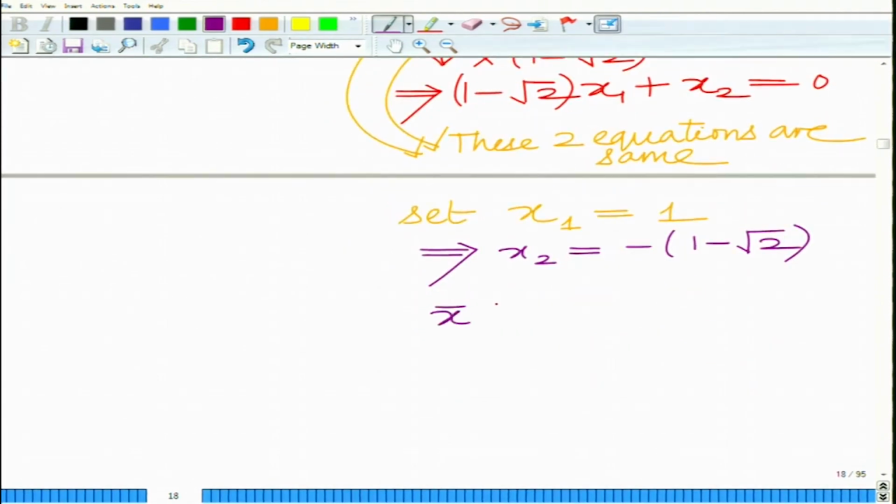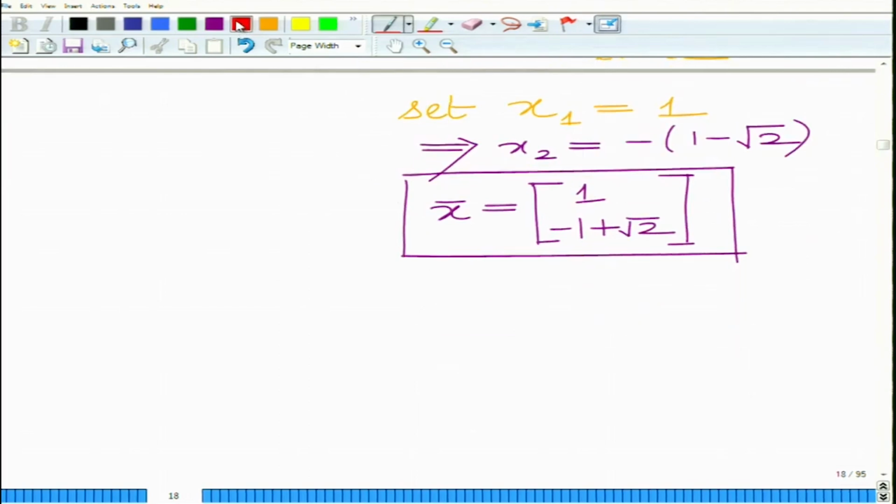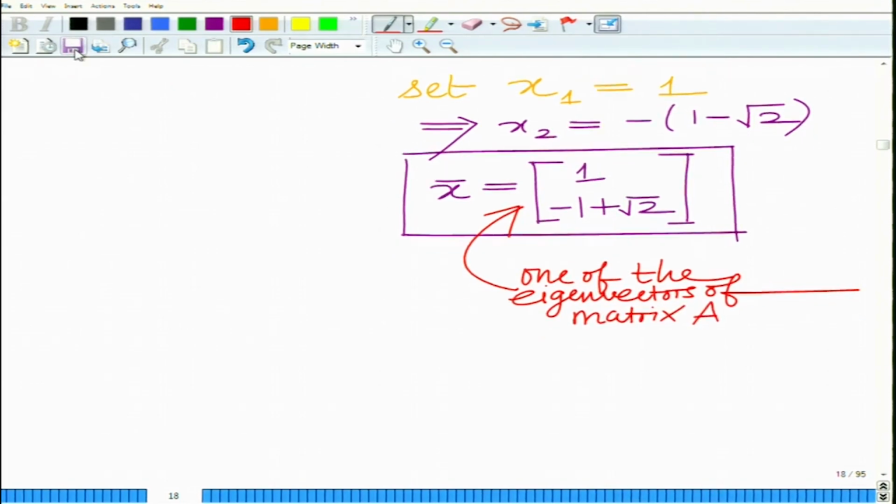That is, if you look at x bar equals x1 x2, that is 1, minus 1 plus root 2, or root 2 minus 1, and this you can check, this is one of the eigenvectors of matrix A, okay.